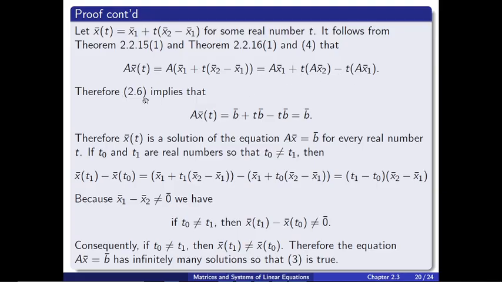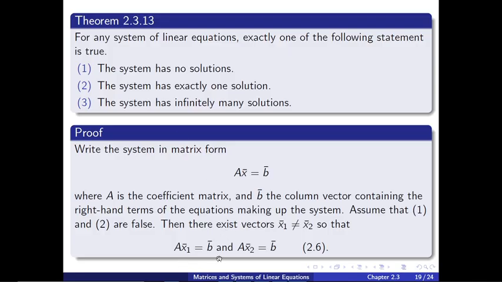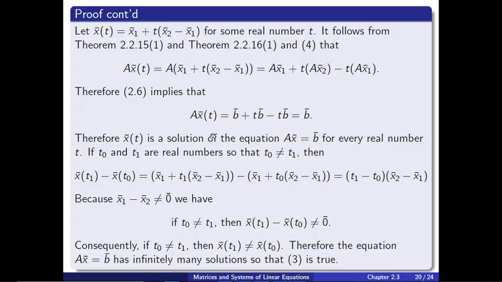So if we look at 2.6, this implies that A x of t is equal to this. From 2.6, this is b, and that is b, and that also is b. So we've got b plus tb minus tb, which is equal to b. So x of t is a solution of the equation AX equals B for every real number t.